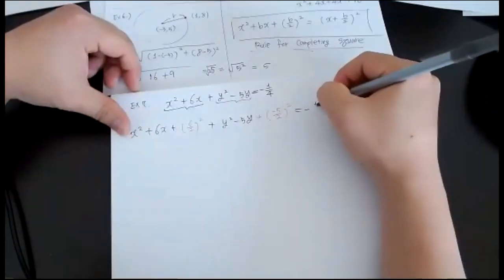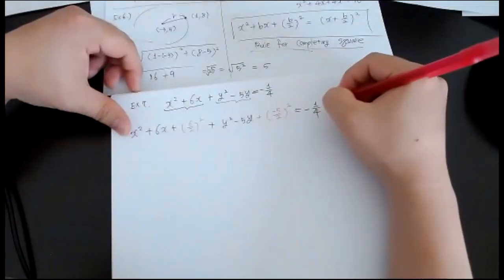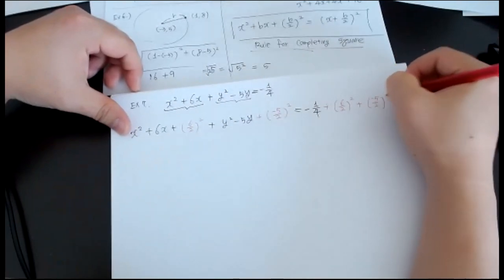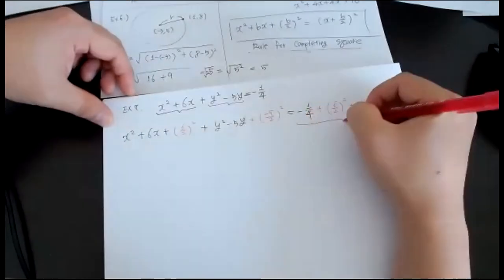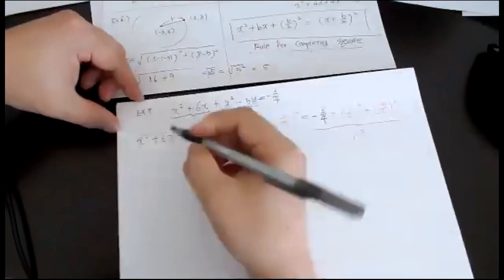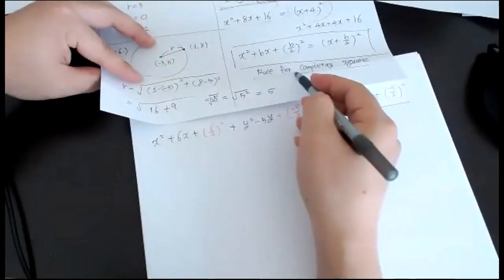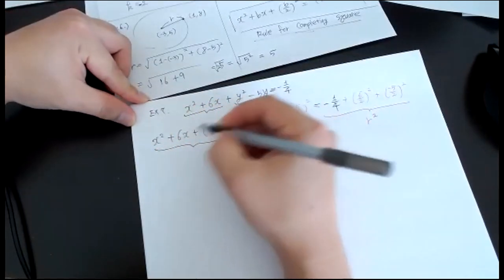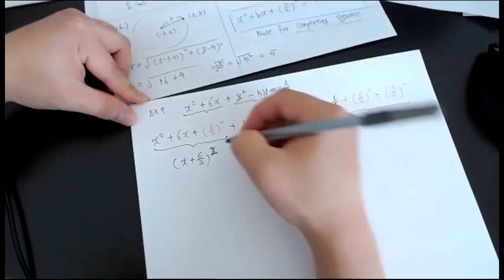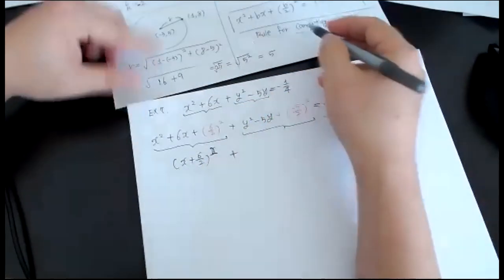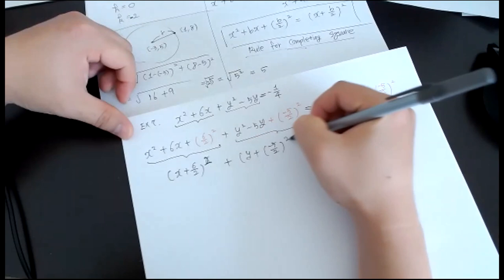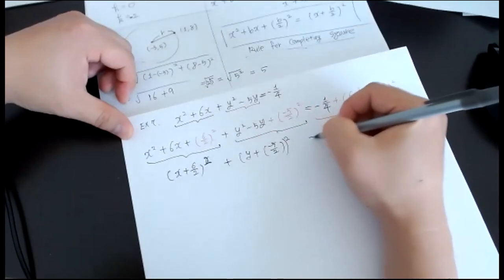So to negative 1/4 on the right we add (6 over 2) squared and (negative 5 over 2) squared. That's going to be r squared. The left hand side, by the rule for completing the square, is (x plus 6 over 2) squared plus (y plus negative 5 over 2) squared, equal to r squared.